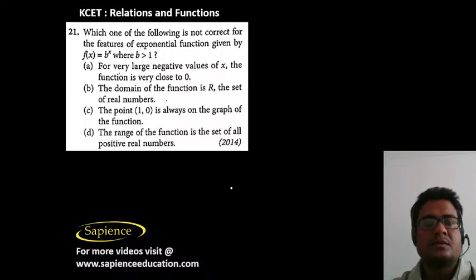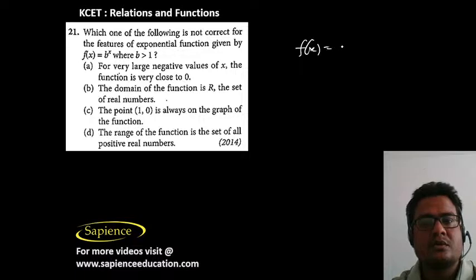So then number 21, which one of the following is not correct for features of the exponential function given by f of x equals b raised to x? Which one of the following is the feature of the exponential function? So again, the exponential function f of x is given by b power x where b is greater than 1.